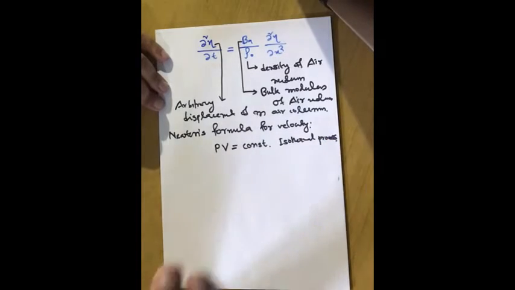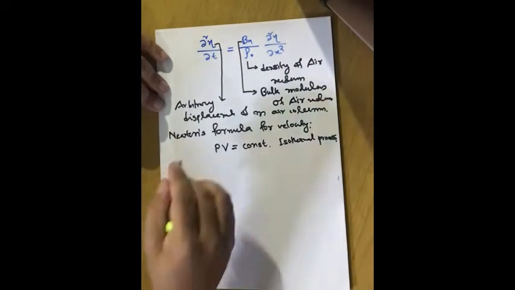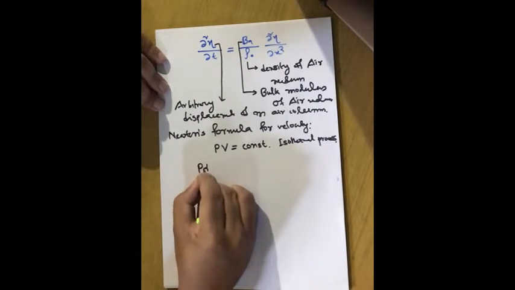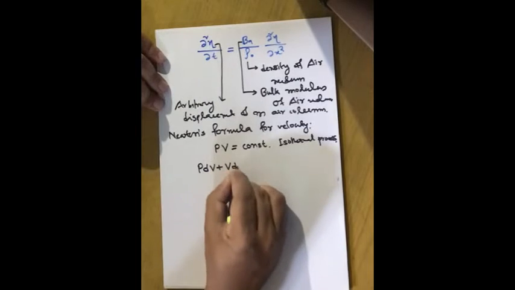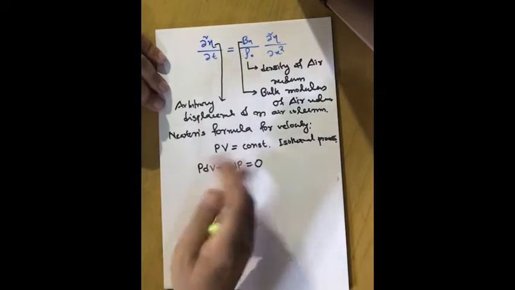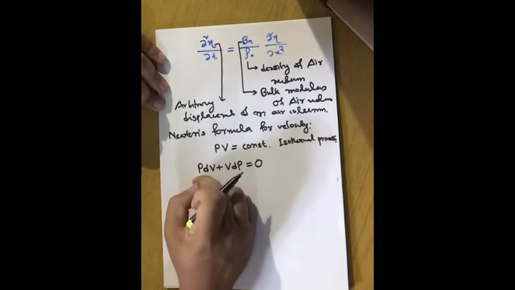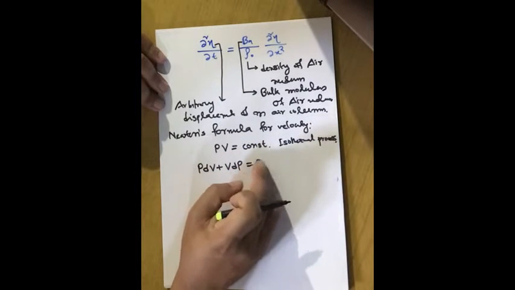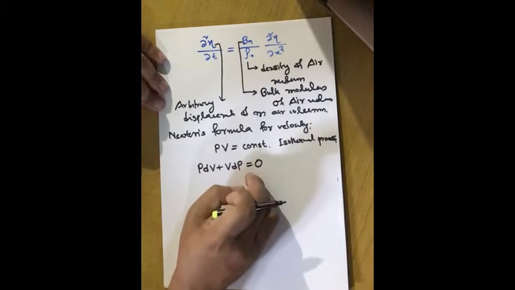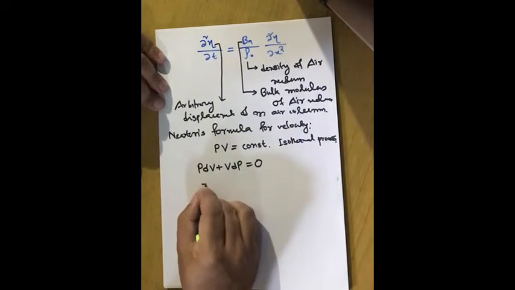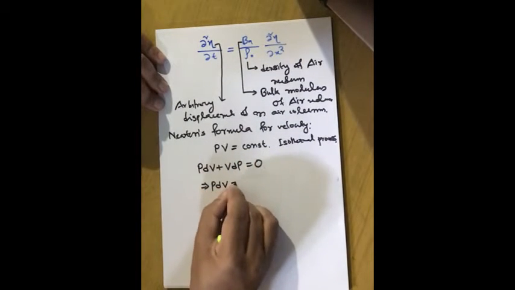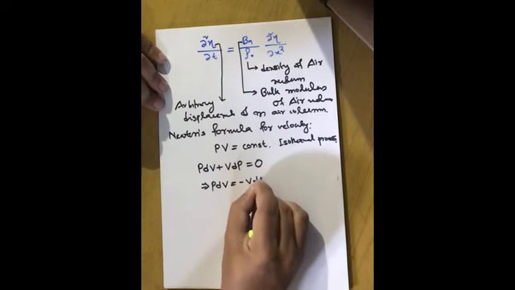Newton considered the transmission of sound through air medium as an isothermal process. So differentiating, P dV + V dP = 0, because differentiating a constant gives 0. So we can write P dV = −V dP.